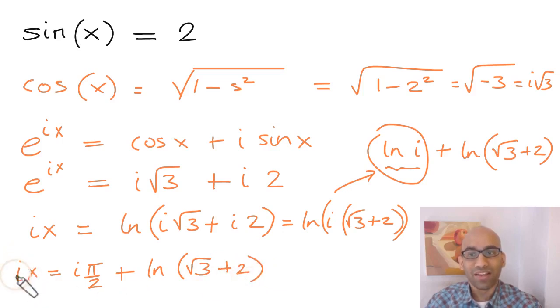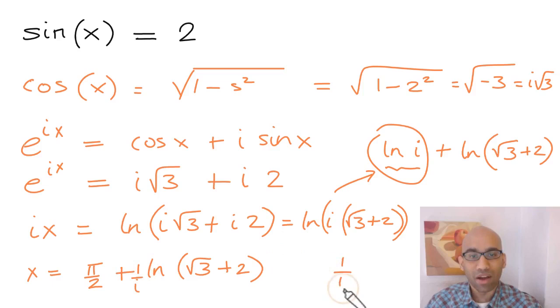And so we can divide by i on both sides here. When we divide by i, this i cancels out and we get a 1 divided by i here. I'll erase these two i's now. And so this is pretty much your answer. x is equal to pi divided by 2 plus 1 divided by i.